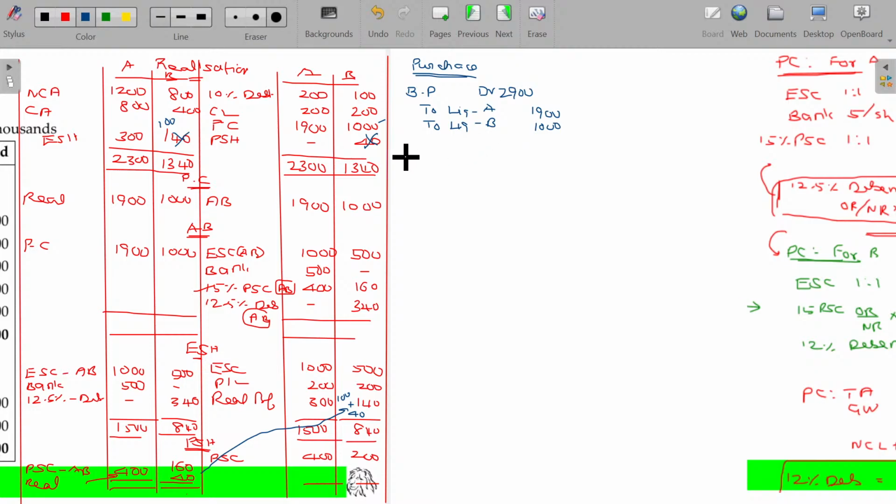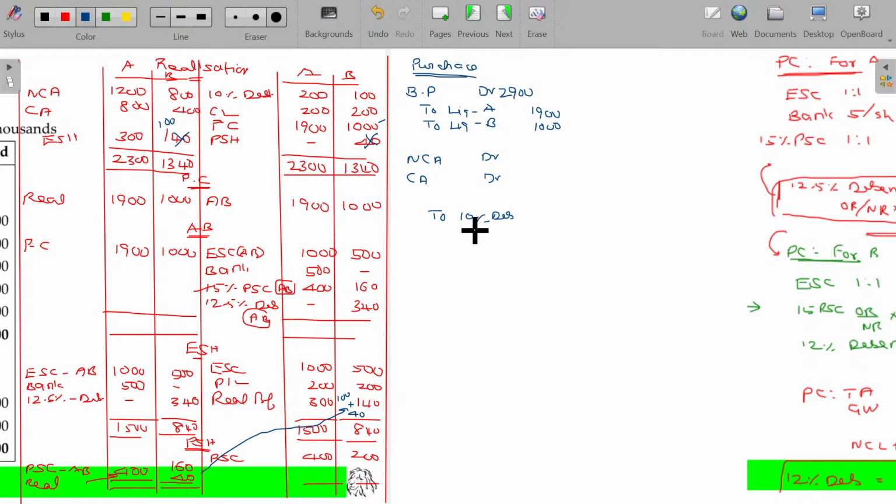So what are the assets we have? Okay, we have non-current assets and current assets, to 10% debentures. 10% debentures taken over and we replace with new 12.5% debentures. Right. So first you start with the debentures taken up.